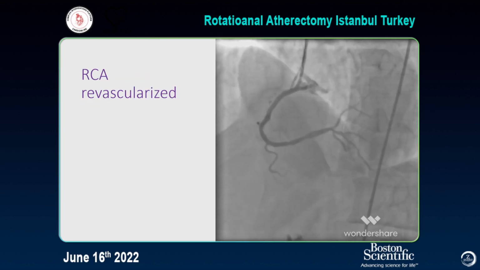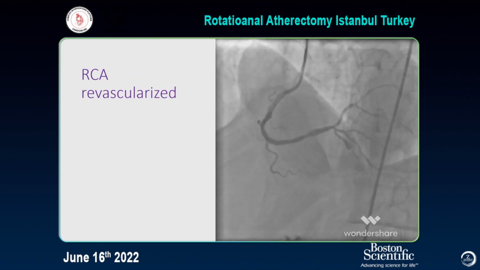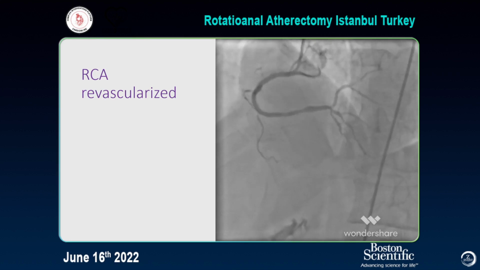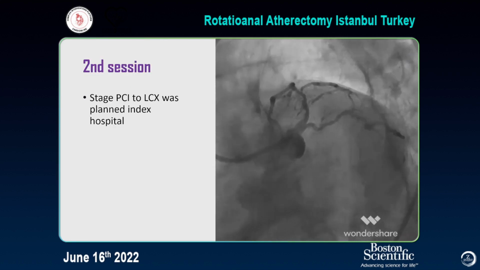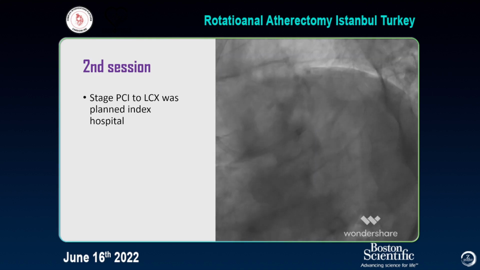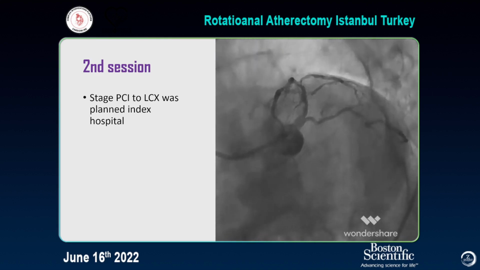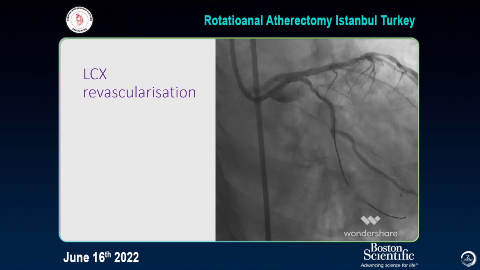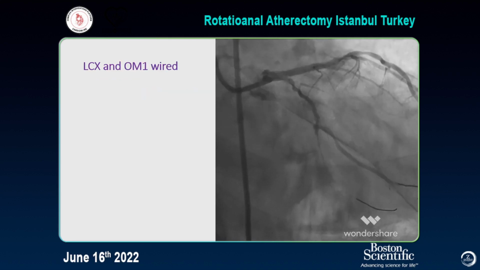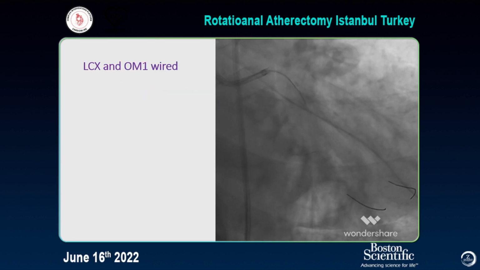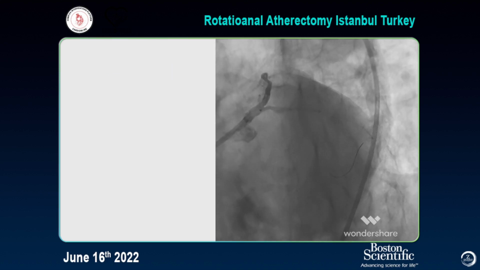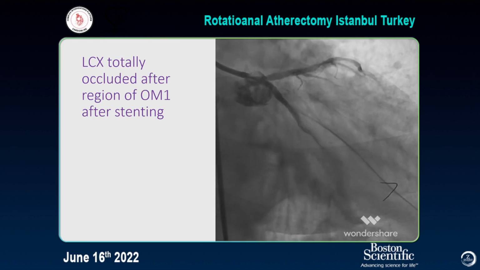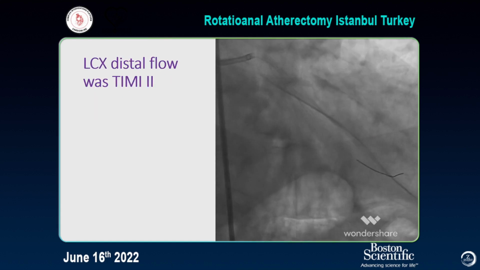So he was dealt with accordingly. Primary PCI of the RCA was done, and TIMI-3 flow was achieved. In the index hospitalization, a staged PCI to the circumflex was done. Meanwhile, the circumflex became totally occluded, but he was rewired again and some flow was achieved. Then in the same setting, FFR to the LAD was done.